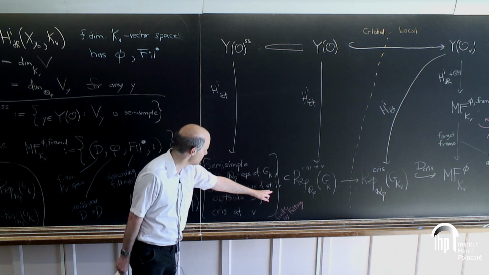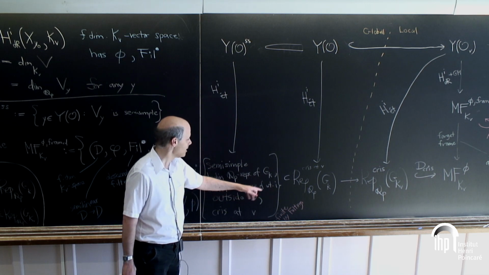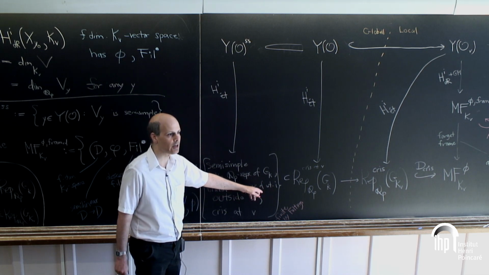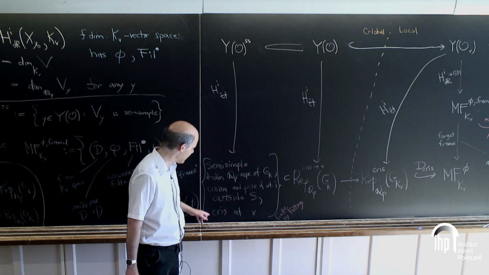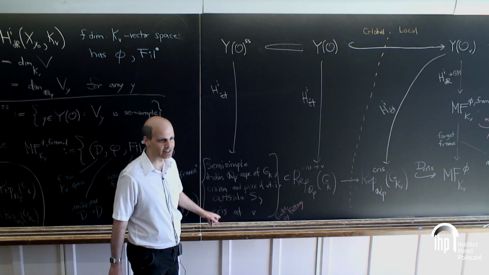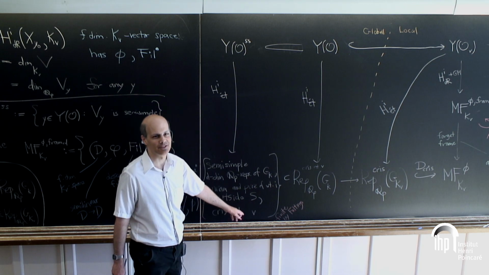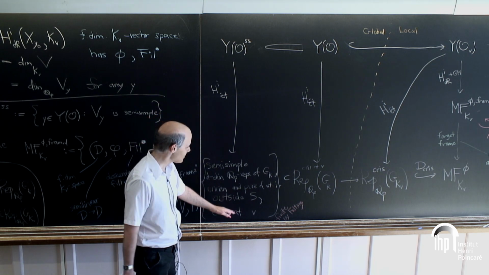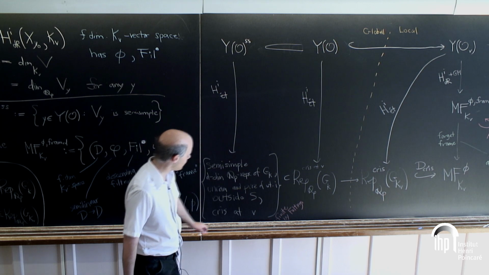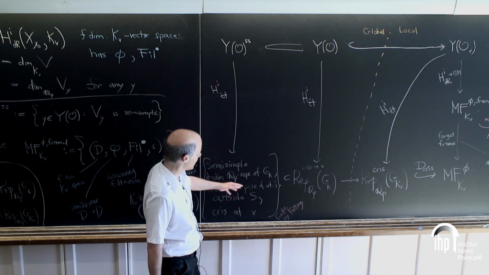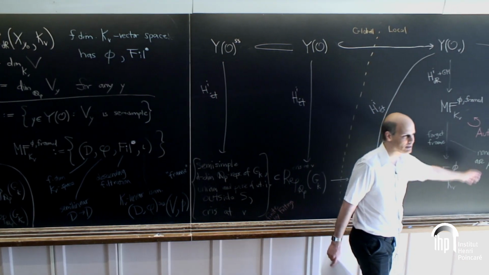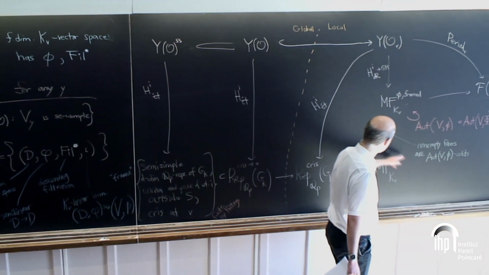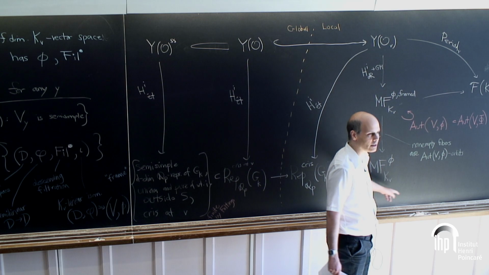As I said, the pure weight I ensures there are only finitely many possibilities for the traces at any given place. And I have even an extra condition that I didn't need for Faltings' theorem, this crystalline V, but that just makes it even smaller. So this is a finite set, and therefore the image of this down here is finite, and therefore it maps to a finite set here, and a finite set here. So there are only finitely many filtered phi modules that are going to be relevant.